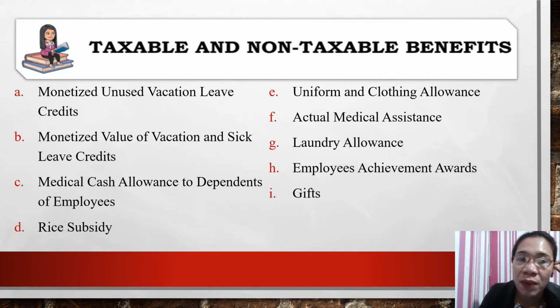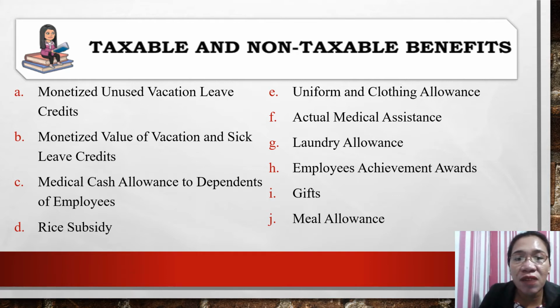Pag isang taon, 5,000. Then, daily meal allowance for overtime work and night meal allowance. This meal allowance can be daily meal allowance for overtime work and night graveyard shift not exceeding 25% of the basic minimum wage on a per region basis.